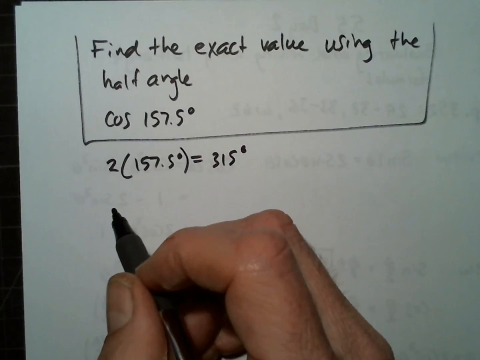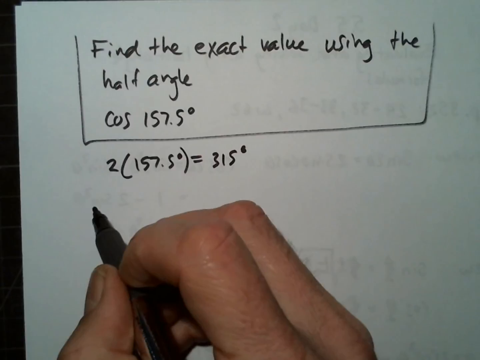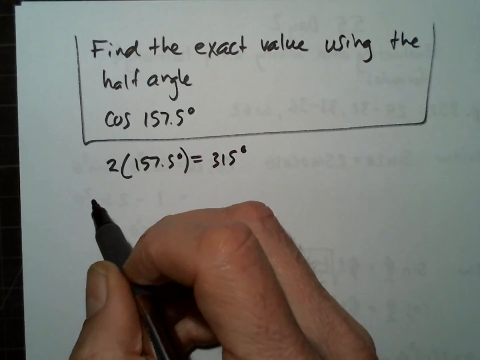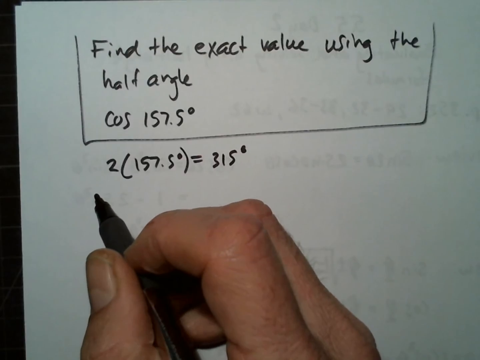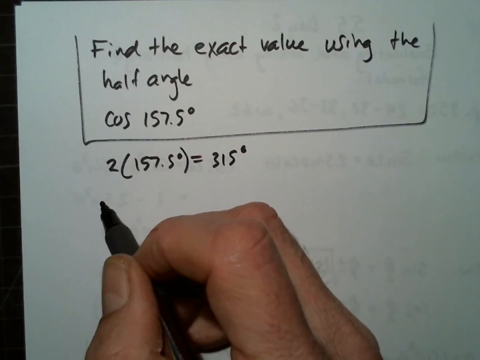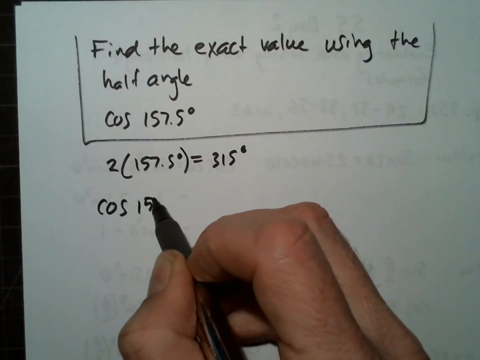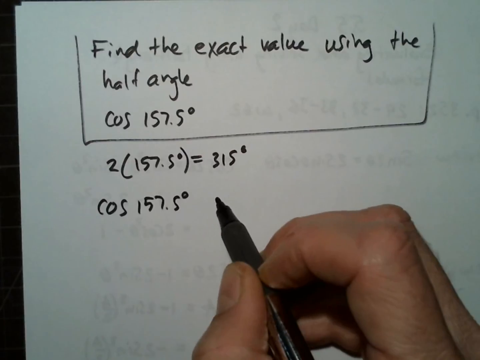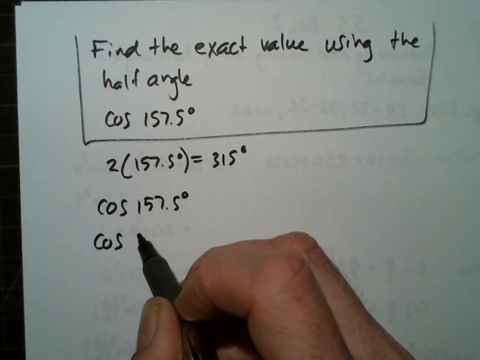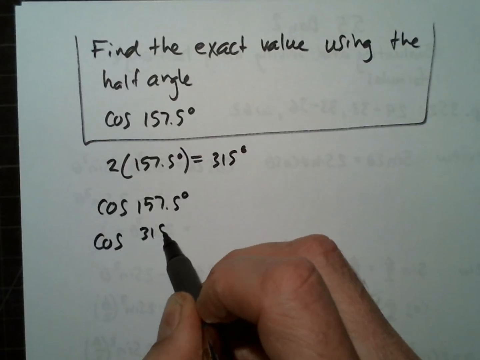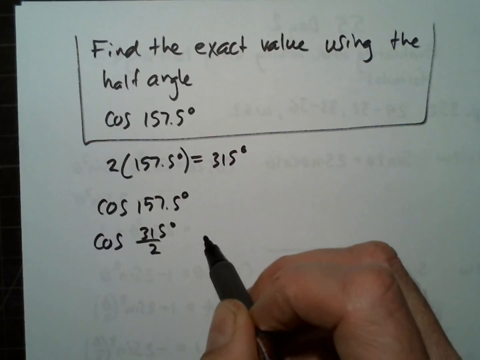That means that cosine of 157.5 is the same as cosine of 315 over 2.